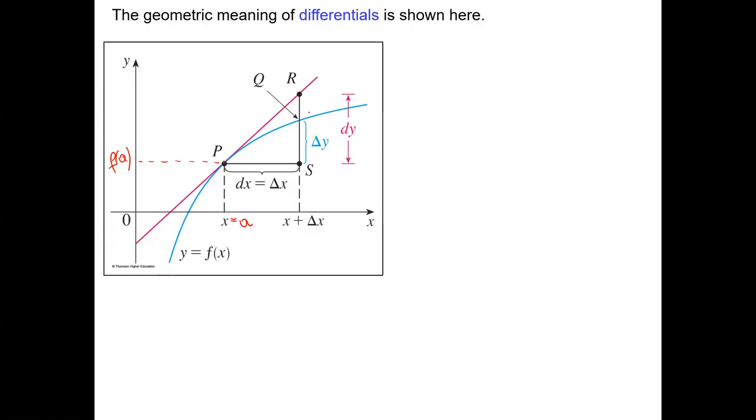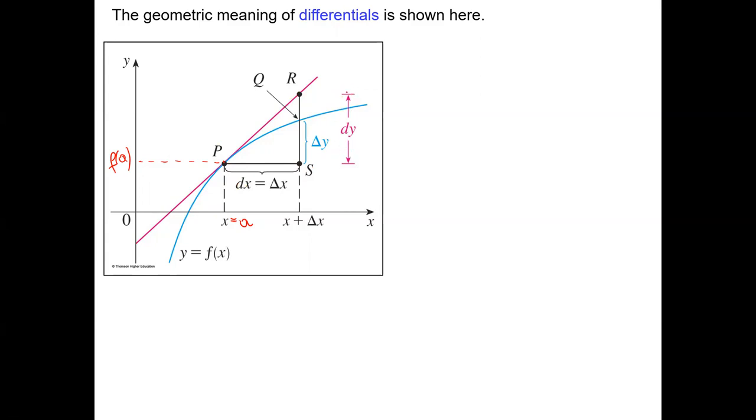Because everything related to the real curve, we will call delta y and delta x. Delta y is changes in y, delta x is changes in x. But this is related to the actual curve. Now, we can do the same thing for the rise over run of the tangent line. That means the run is the dx, and the rise, we can nicely see, we will call dy.